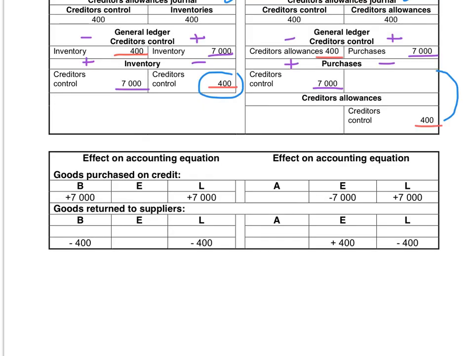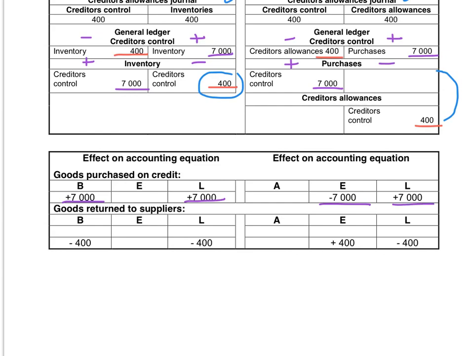When goods are purchased, inventory increases assets on the debit side and will increase liability on the credit side. In the periodic system, we don't use inventory. We use the purchases account. Purchases is expense. Expense decreases profits, and your liability will increase with 7,000.